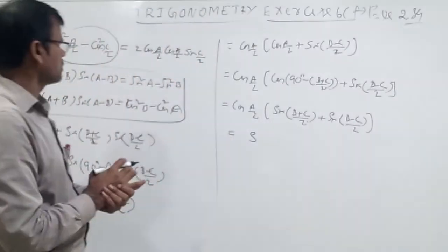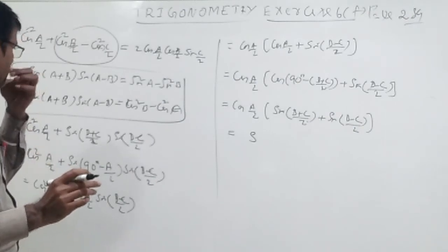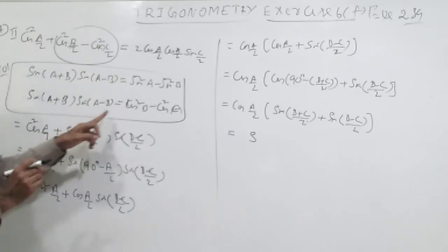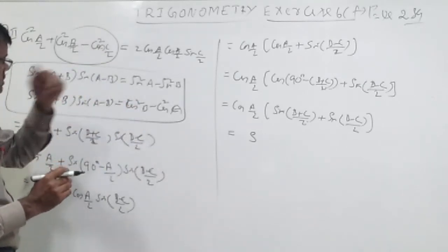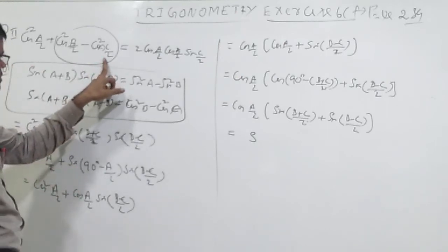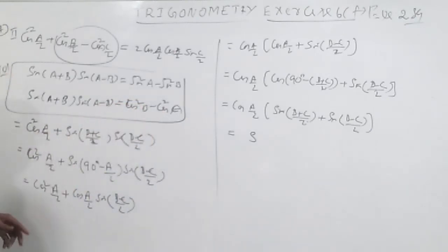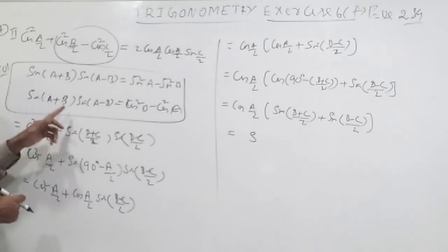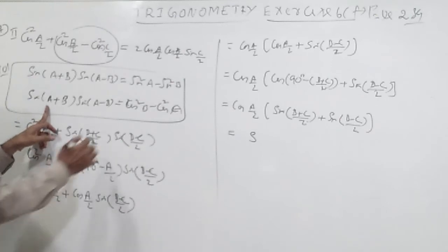So you are getting 2 cos A/2 times sin B/2 cos C/2. According to the formula, sin(A+B) · sin(A−B) becomes cos²B − cos²A. So here it is cos²B/2 − cos²C/2. So this is the second letter, students. According to the formula cos²B − cos²A, the formula sin(A+B) · sin(A−B): what is B? (C+B)(C−B).